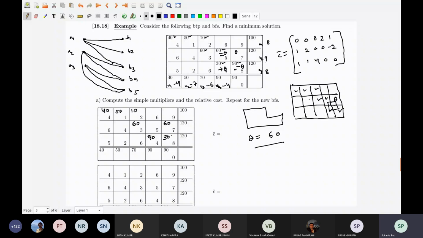So this has to be 8. That is hard. It has to be satisfied. This has to be 7. Now because this is 8, this will be minus 4. And because this is 7, this is minus 4. Because this is minus 4, this has to be equal to 6. Because this is 6, this has to be minus 5. Because this is 6, this has to be 2. Okay.